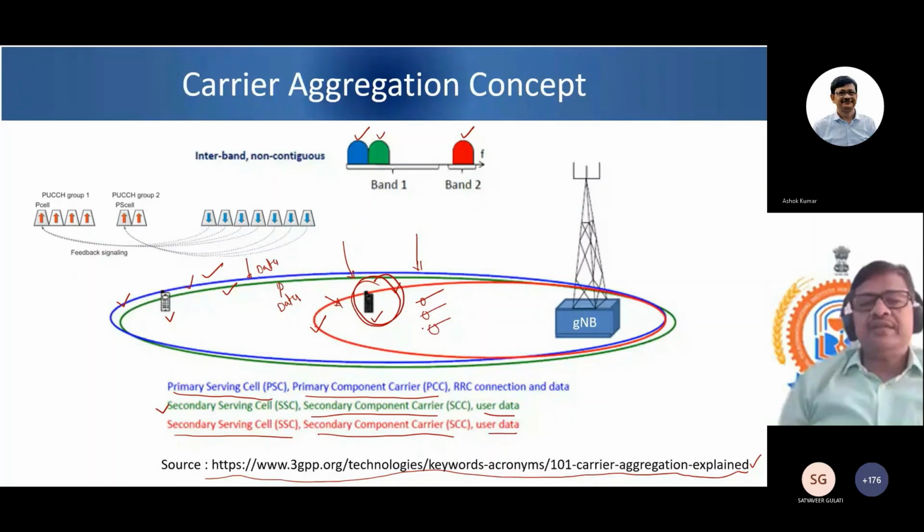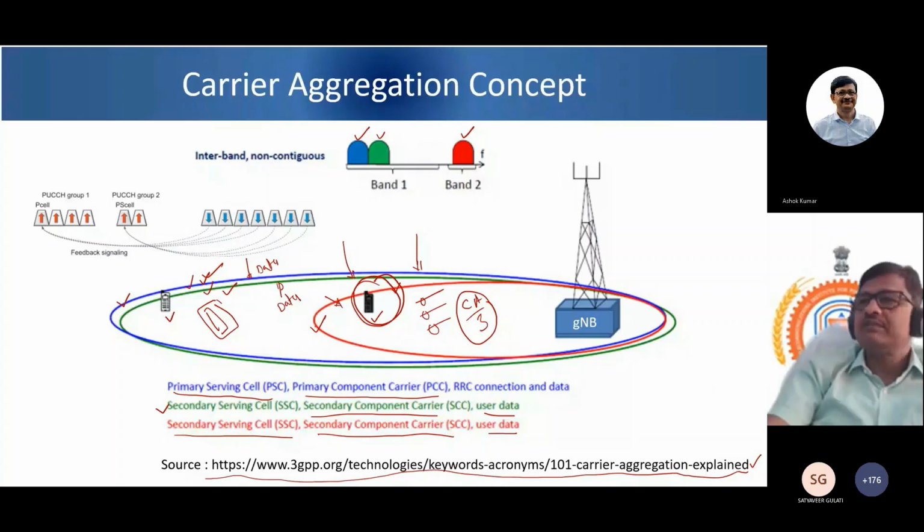So here carrier aggregation of three carriers can be done, so it will have so much capacity. And if the user is beyond here, in this place, it will at least have two carriers available, blue one and green. So this is the concept of carrier aggregation in 4G, 5G, in all the different generations.